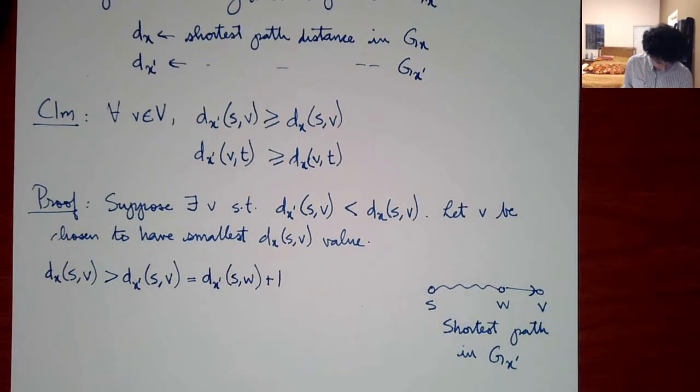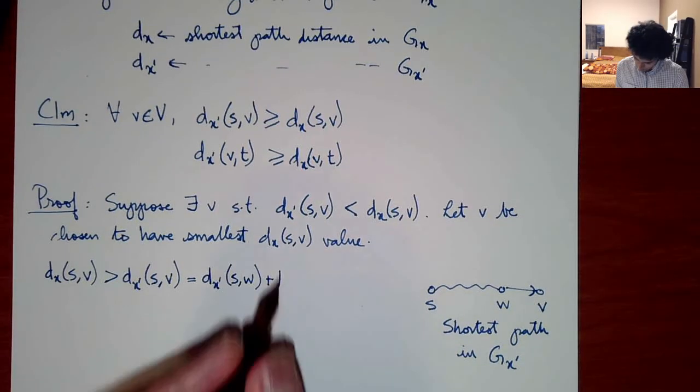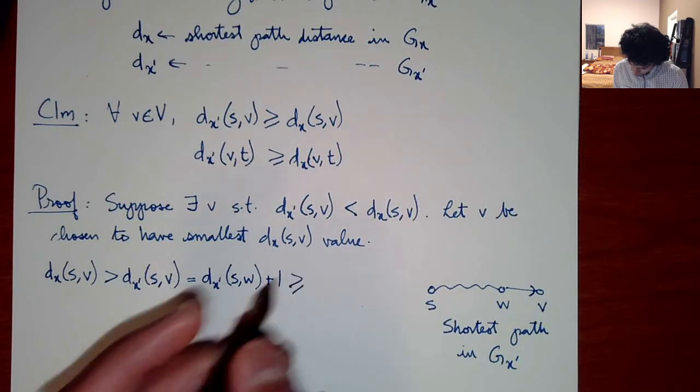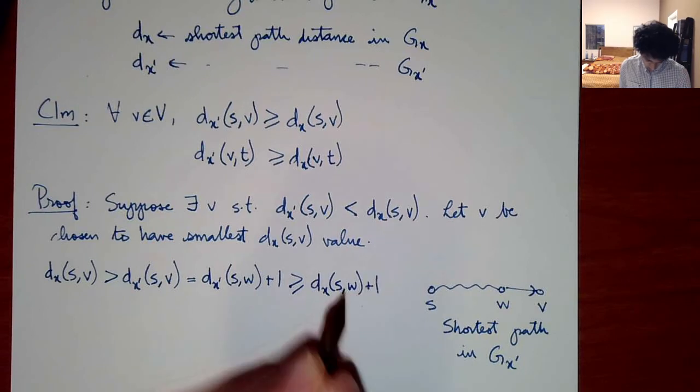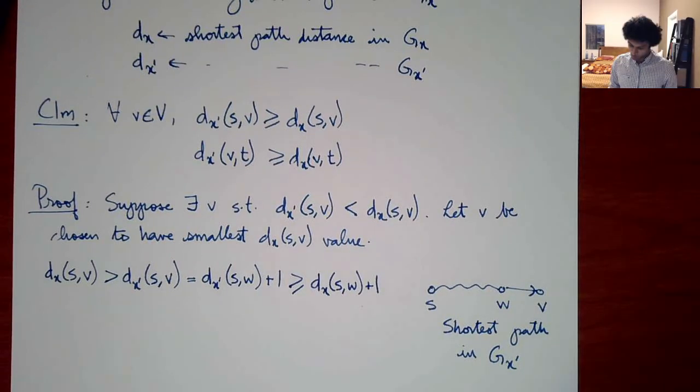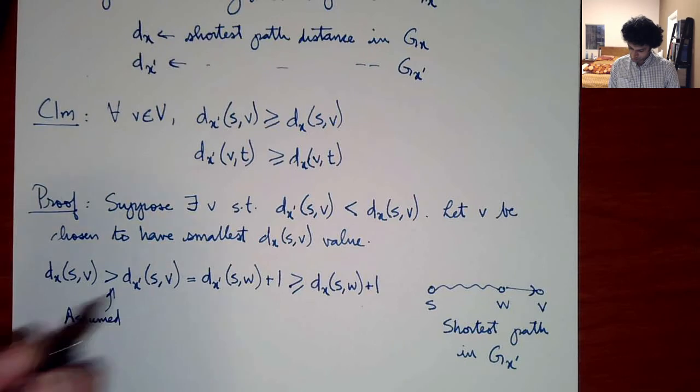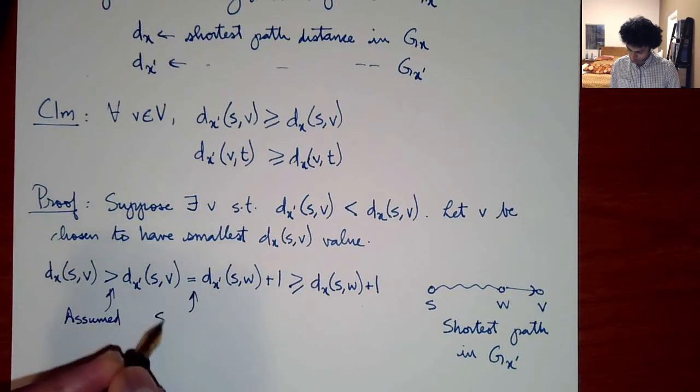And now I'm going to argue that this is greater than or equal to d x s w plus 1. Why? The first one is assumption. This is what I assumed. The second is because it's the shortest path.